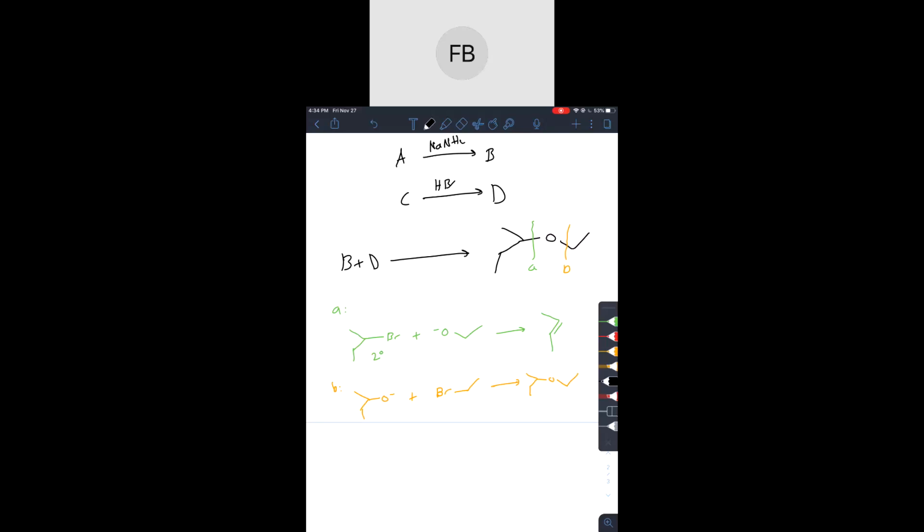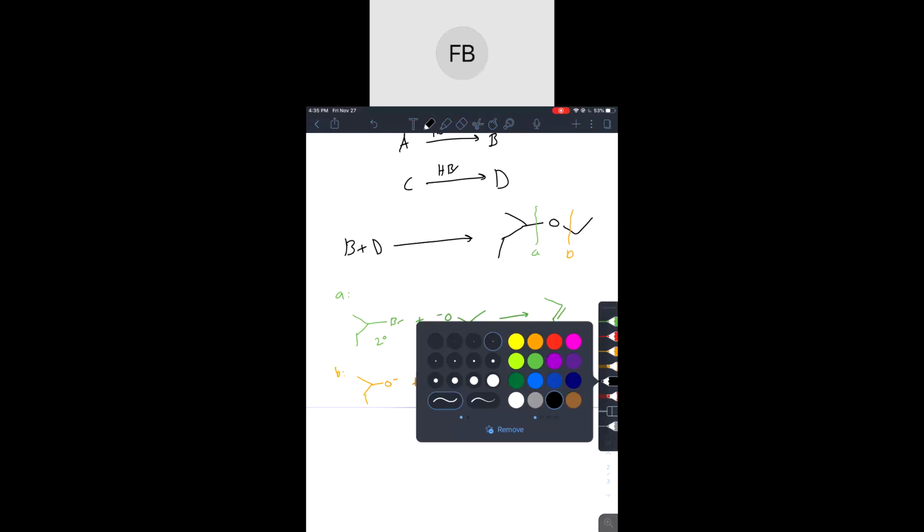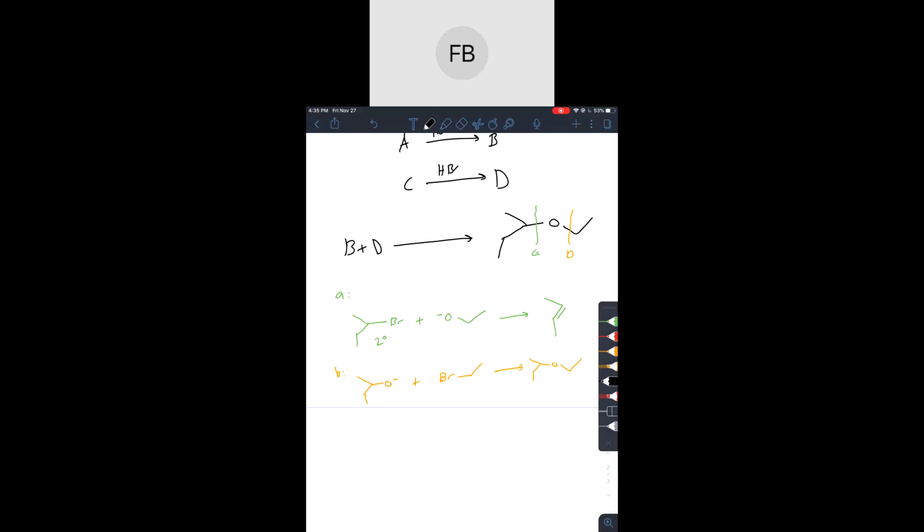So that's how we know it goes with D. We're going to look at the SN2 reactants. The one with the Br is the product for D because we see the HBr, and the one with the O minus would be for B.